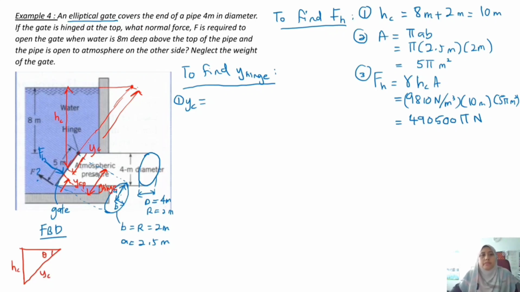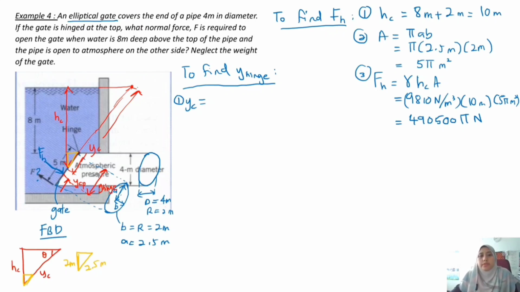At the same time, you also have this small triangle at the bottom here. I use a different color here. If I draw it separately, this should be 2 meters and this should be 2.5 meters, which is half of 5. 2 meters is half of 4.